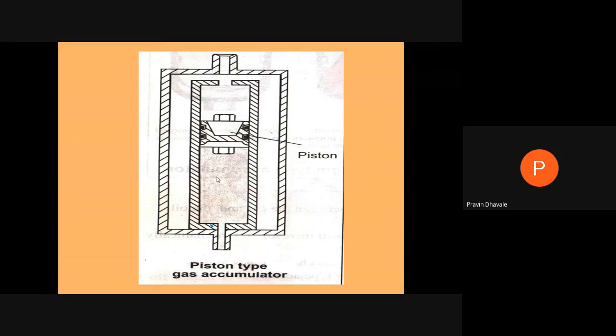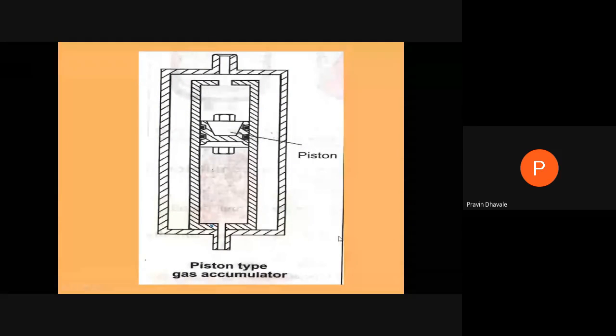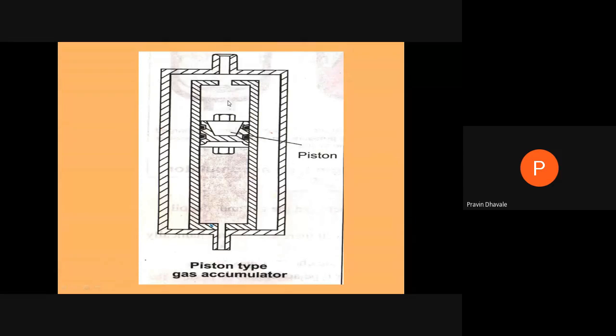Whenever you are supplying this pressurized fluid to the actuator, what happens? The pressure goes on decreasing as the piston is moving from the upper side to the lower side, because the expansion of the gas takes place, and because of the expansion of the gas, the pressure on the gas goes on decreasing.